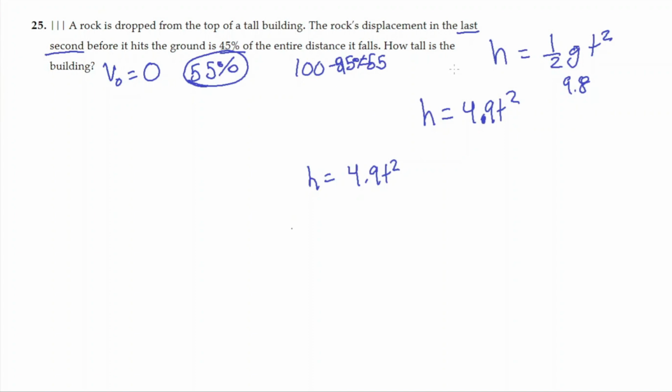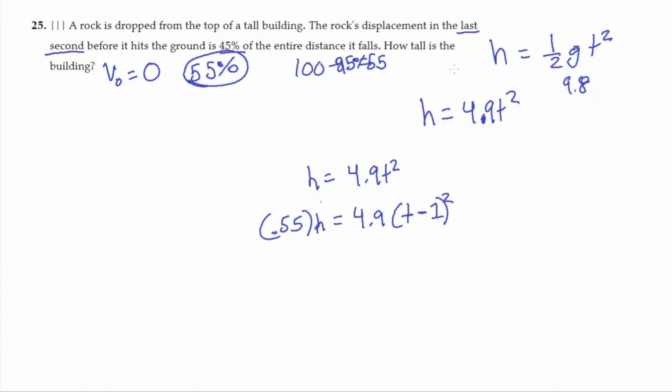So in order to do that, on the left side is going to be 0.55 times h, because it's going to be the first 55% of the height, times 4.9. And inside the parentheses, we're going to have t minus 1, because we want to find all the time that it falls except the last second. So in order to eliminate the last second, we're going to add that minus 1. And then that's going to be squared.